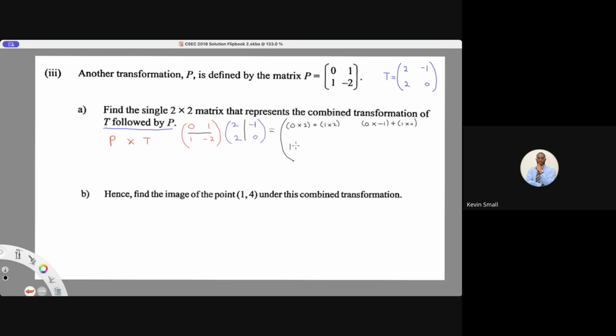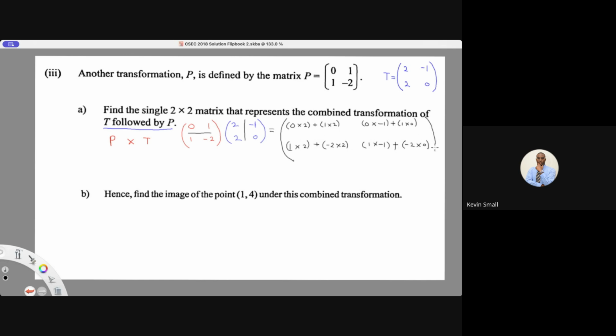So it's now 1 by 2, actually that should be 1 by 2 plus negative 2 by 2. Come across now. And that is 1 by negative 1 plus negative 2 by 0.